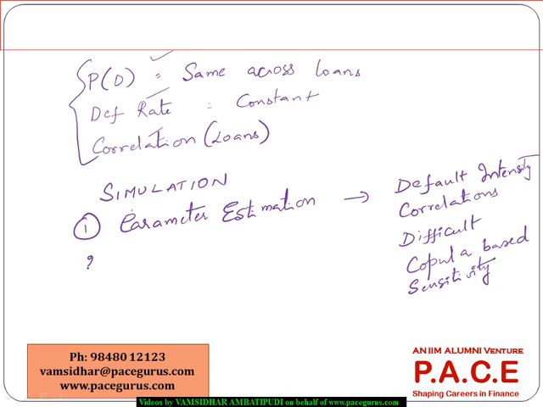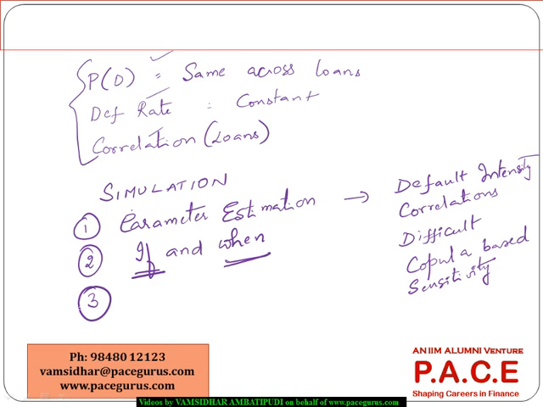But whatever is the mechanism used to come out with the estimation of the parameters, then comes identifying if and when, whether this security is going to default, and if it is going to default, by what time it is going to default.